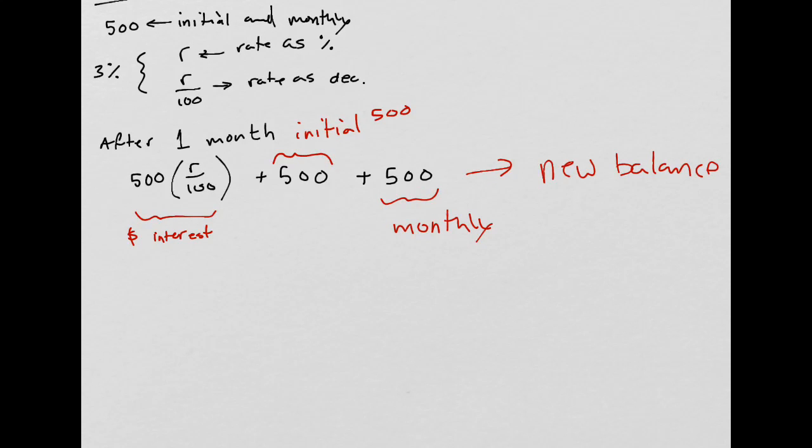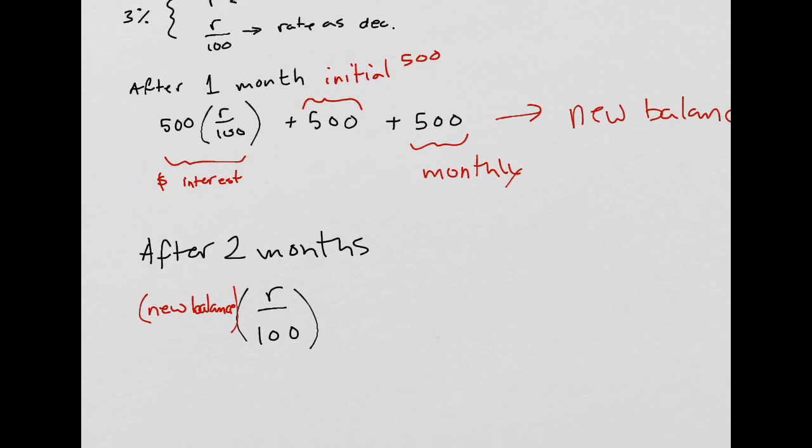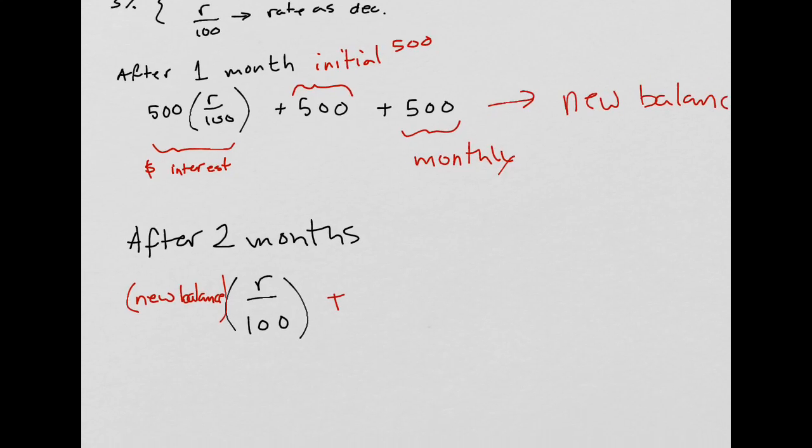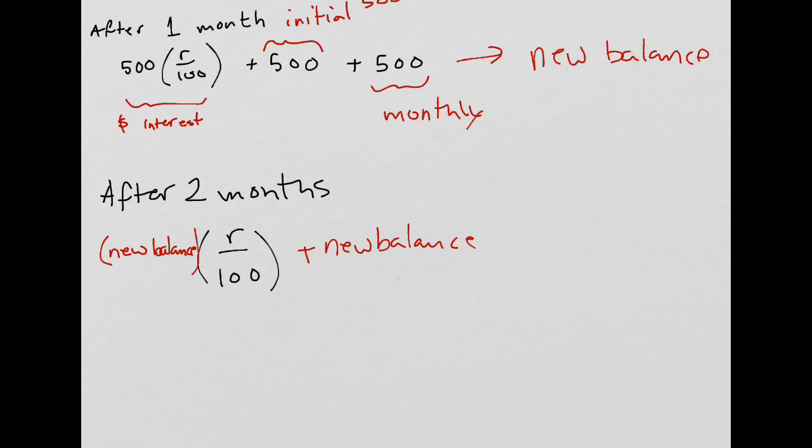So there we go. After 2 months, what happens here? Well, I'm no longer taking the 3% of 500. I'm taking 3% of this new balance over here. So I would take that percent, but then I'm also adding it back in. So that's plus my new balance, because I get some percentage of what I have plus what I already have.